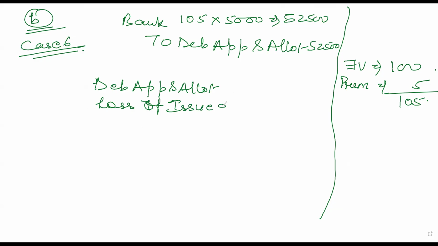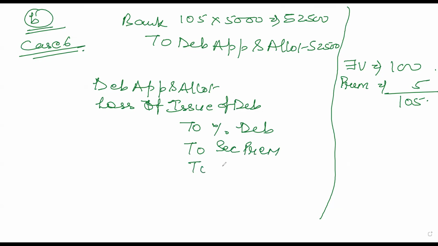So loss on issue of debentures account debit to percentage debentures and to securities premium, right? Why are we writing securities premium? Because these are issued at premium and then there is premium on redemption. Whatever the redemption premium is, we show it here, and whatever the securities premium is, we show it over here.